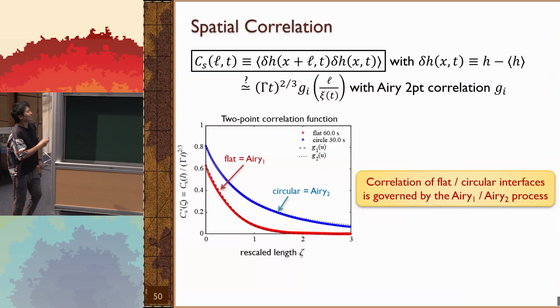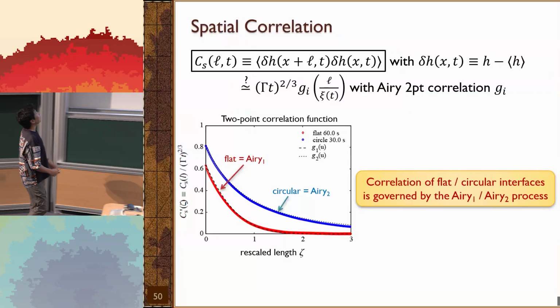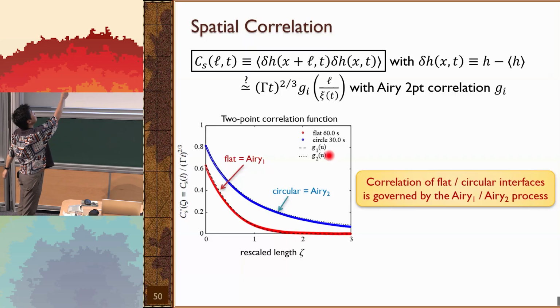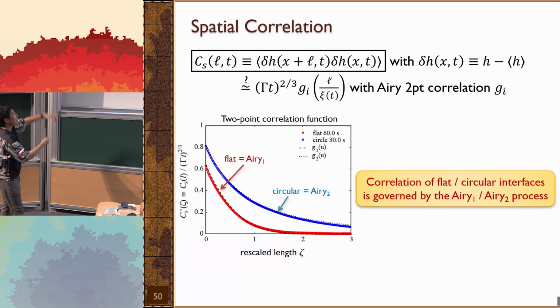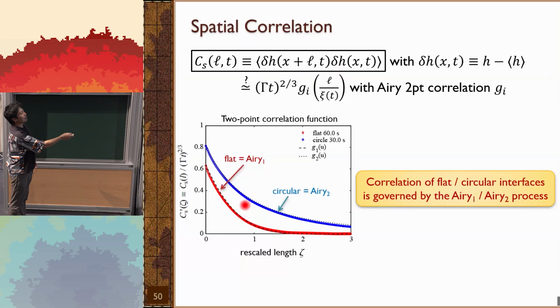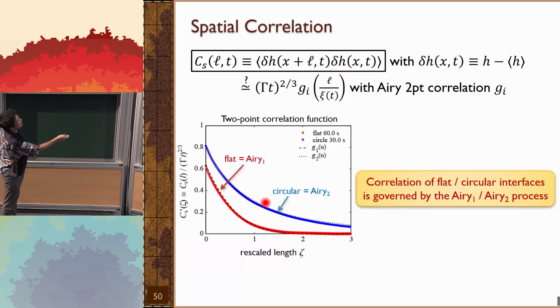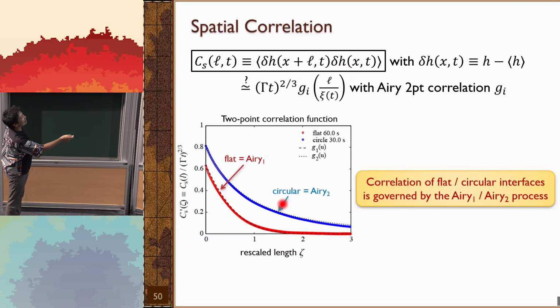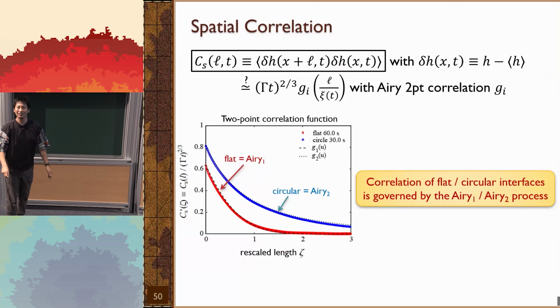Okay, so this is the result. About the spatial correlation, we have data, so we can evaluate the equal time two-point correlation. I rescale it in the appropriate way, and this is the result. The colored data are experimental data, and there is a black dotted line here and a black dashed line here, and these are the predictions from the Airy 2 process and the Airy 1 process.